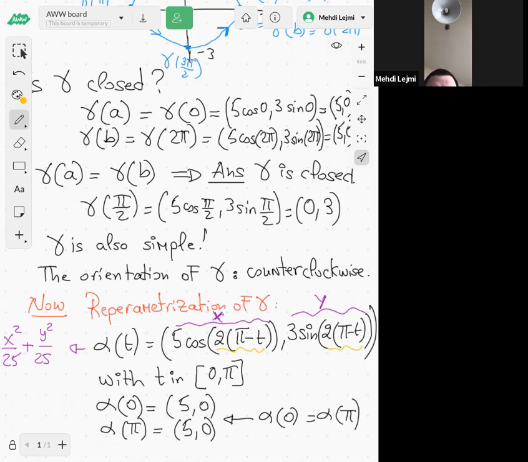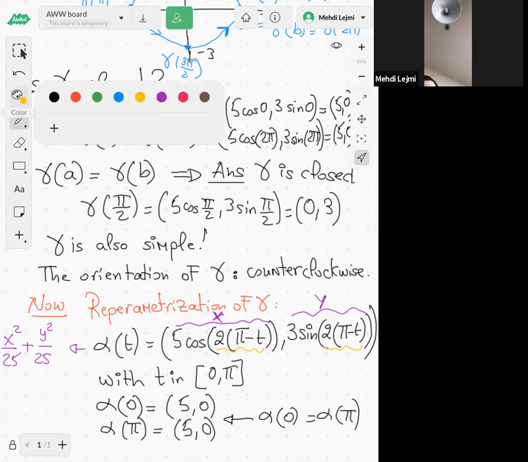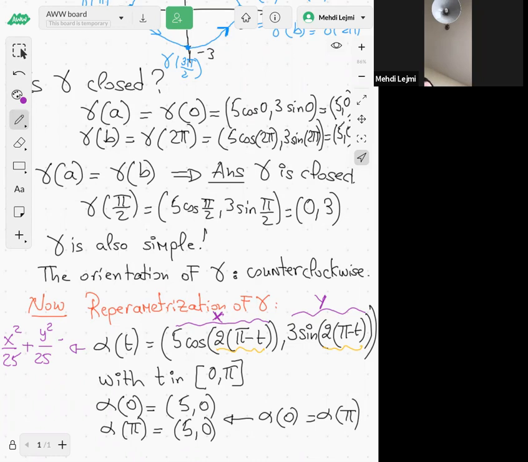So the cosine squared of 2 pi minus t plus the sine squared of 2 pi minus t will be equal to 1, because we have the same angle. So again, this alpha is also a parameterization of the same ellipse. So this is equal to 1. My alpha is just the same ellipse.